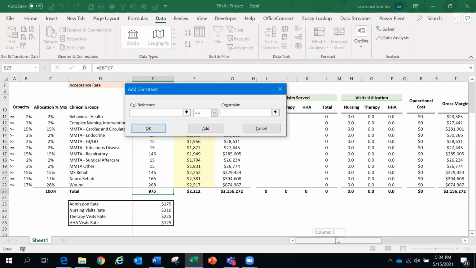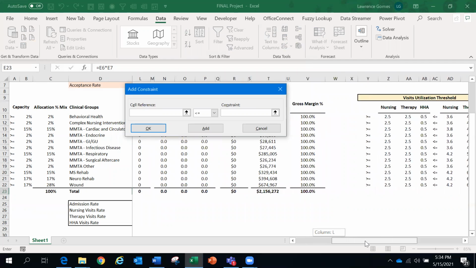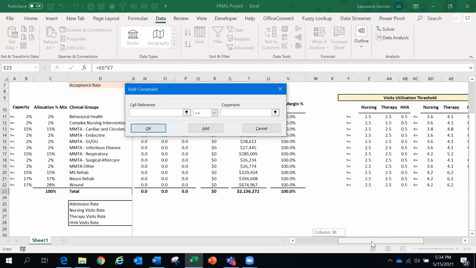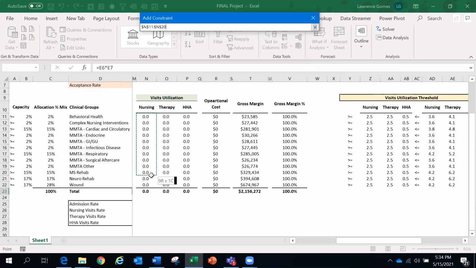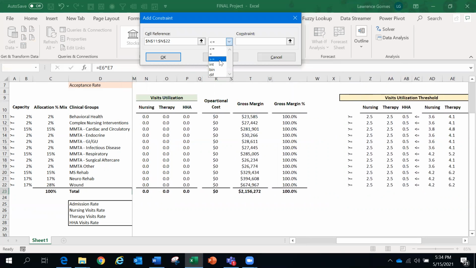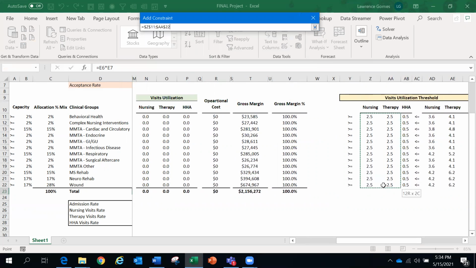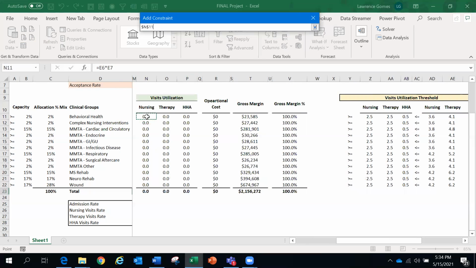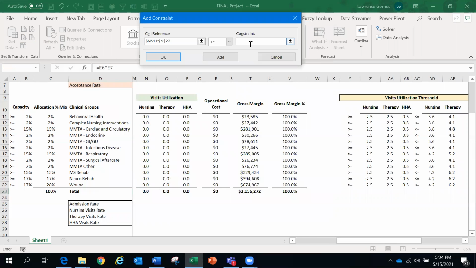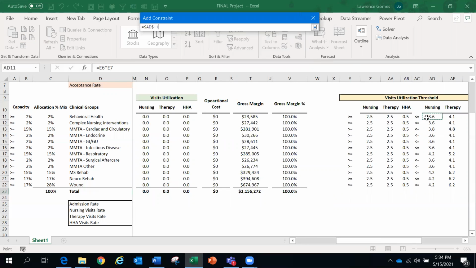And my constraints are the guidelines that I have been provided. So for nursing, the visit utilization guideline would be more than these numbers and less than column 80.